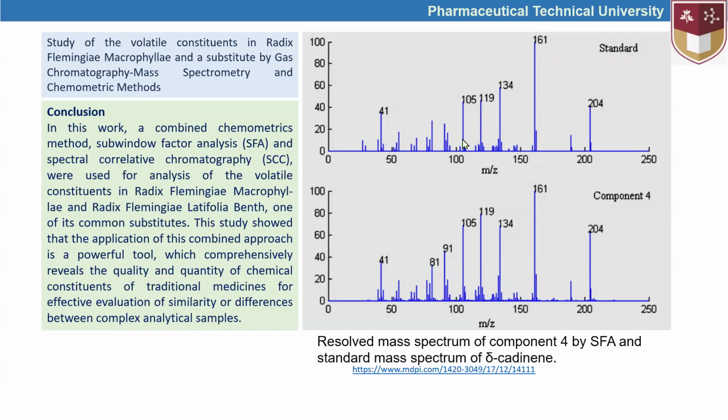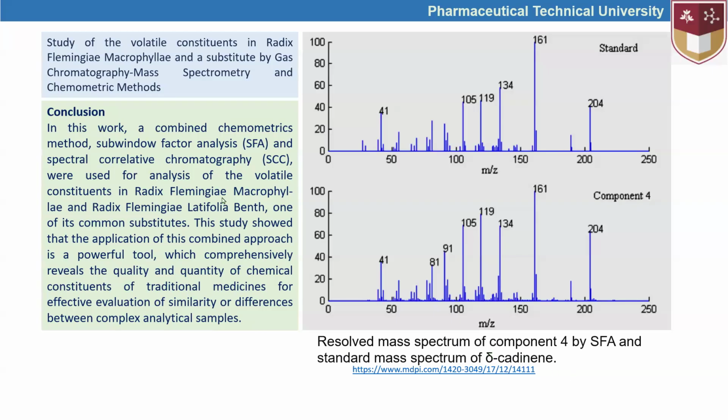This spectral data was provided in that paper. It belongs to the resolved mass spectrum of component 4 by SFA and the standard mass spectrum of, I don't know the name of this Greek letter, yeah, Z-cardinal.